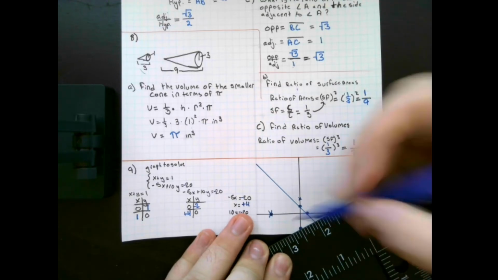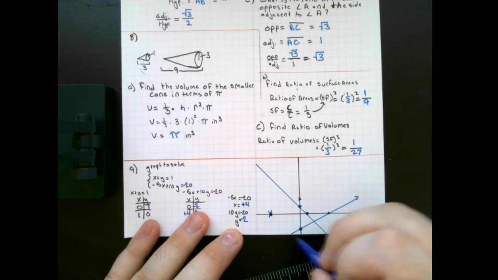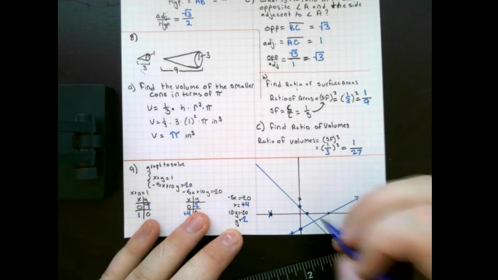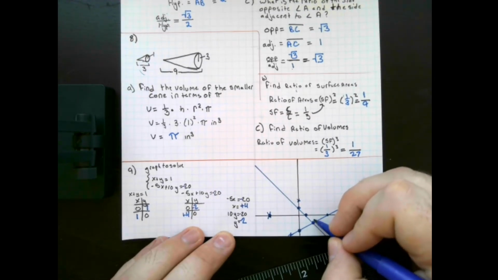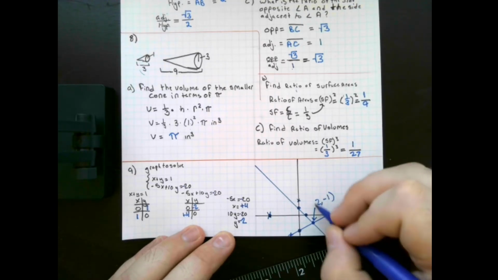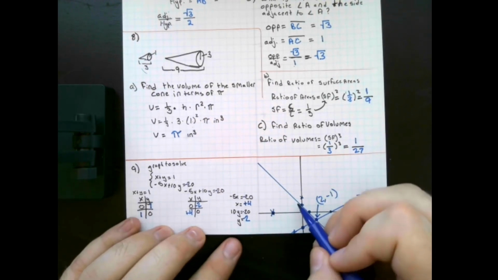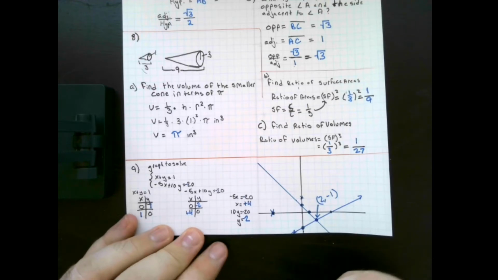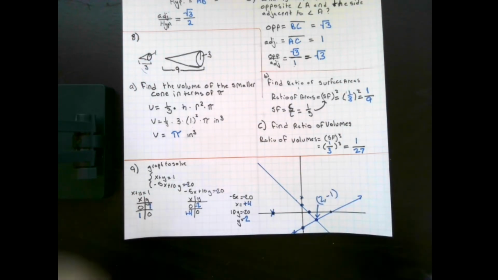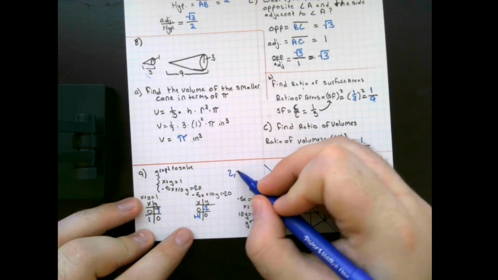Now, when you go through and you connect these dots, now you have a line which creates an intersection here at the point 2, negative 1. A much better intersection than this random space over here would have been that's not quite on the lines. Now, that means my answer is 2, negative 1.